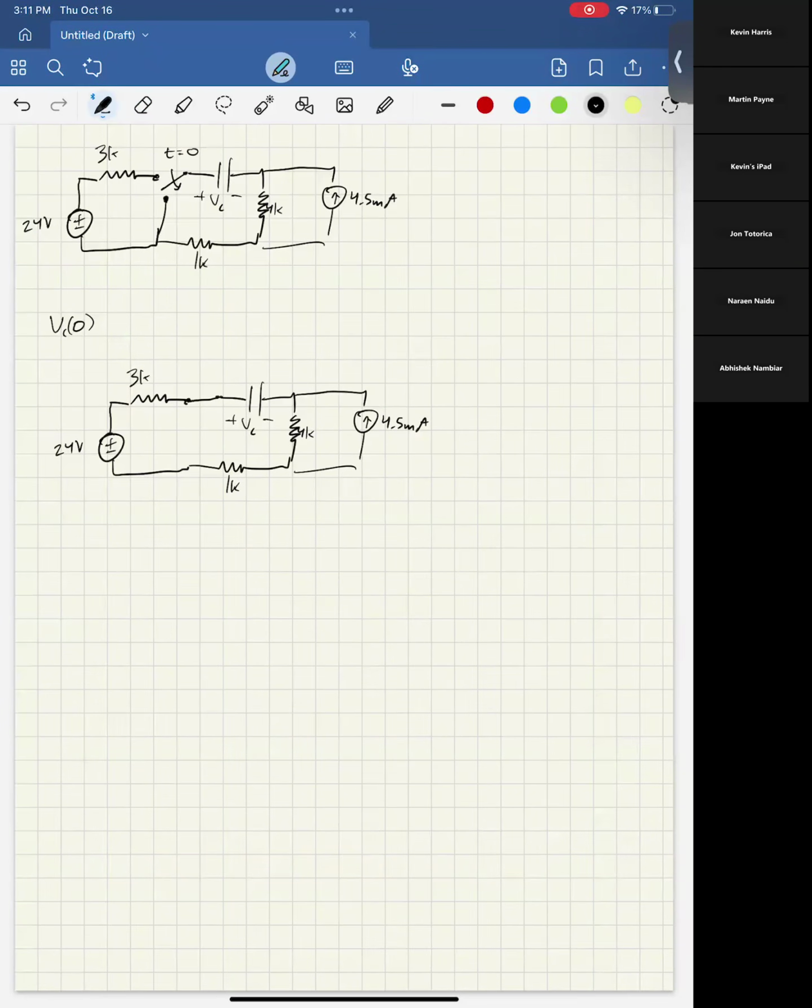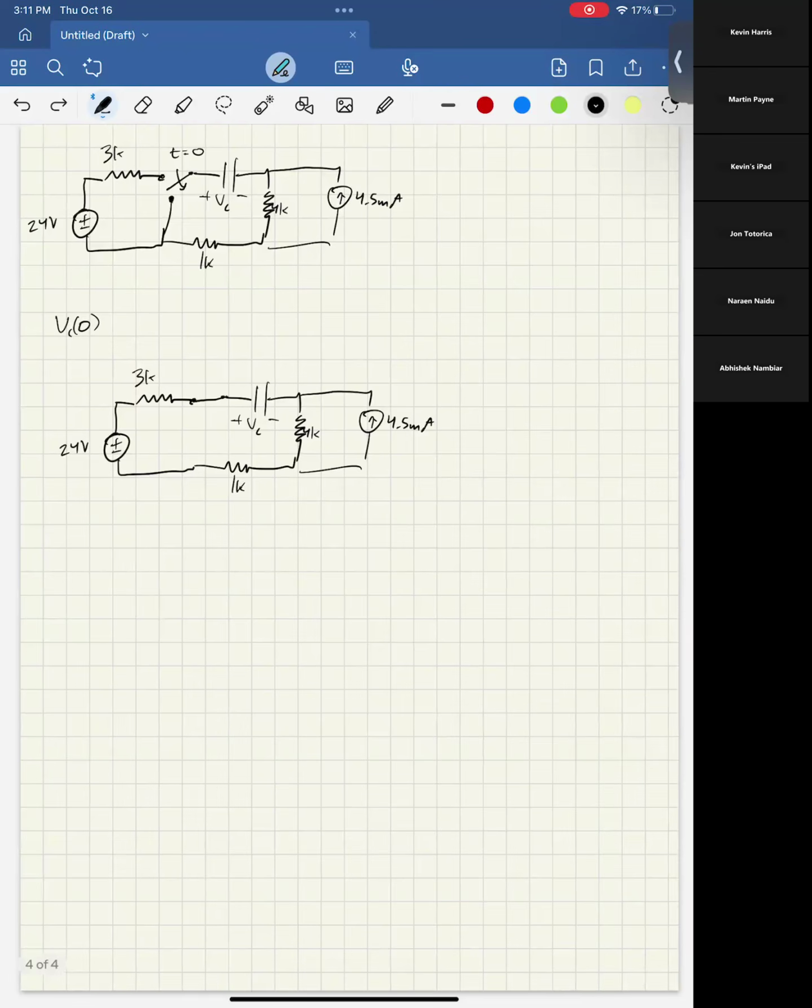So how do we solve this? Good question. Basically, we look at what we can find first, which in this case is this part here, which is basically a voltage source. If you want to do a source transform, you could.